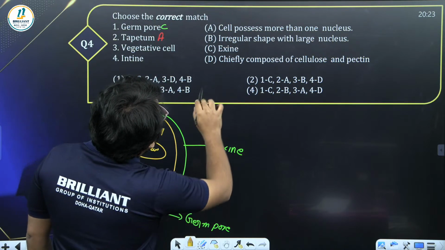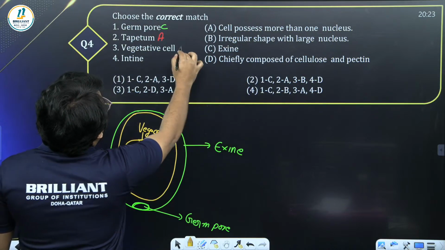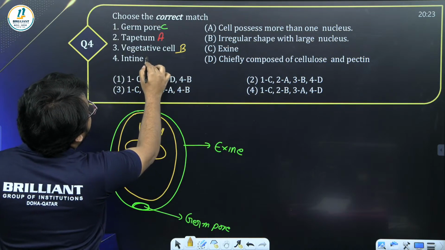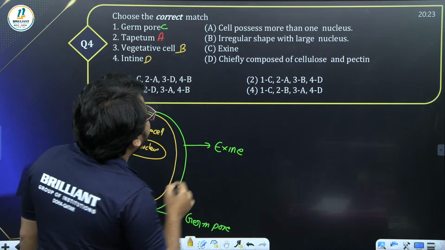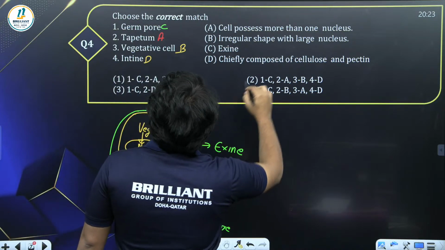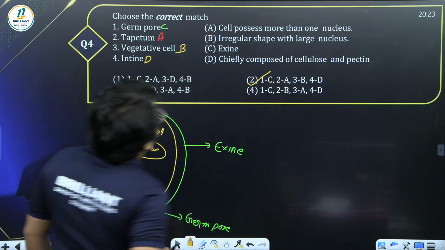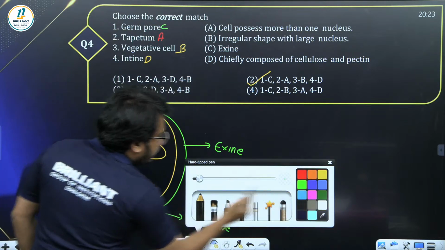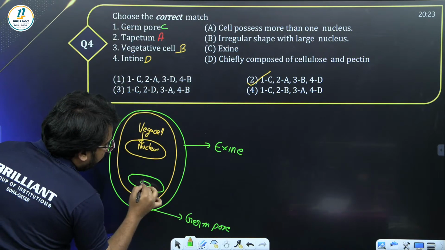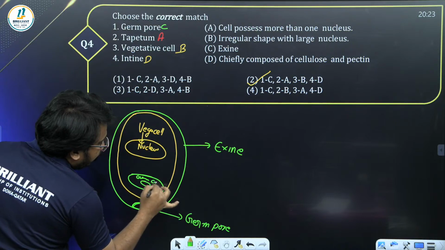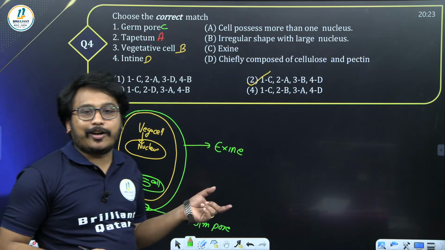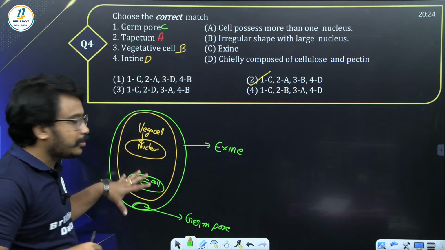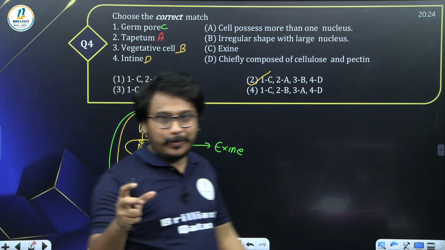Then intine, chiefly composed of what? Cellulose and pectin. In its cytoplasm the generative cell will be floating. This is the generative cell. The generative cell later undergoes equal mitosis to form two male gametes. So this is the structure of a typical pollen, that also you should understand.